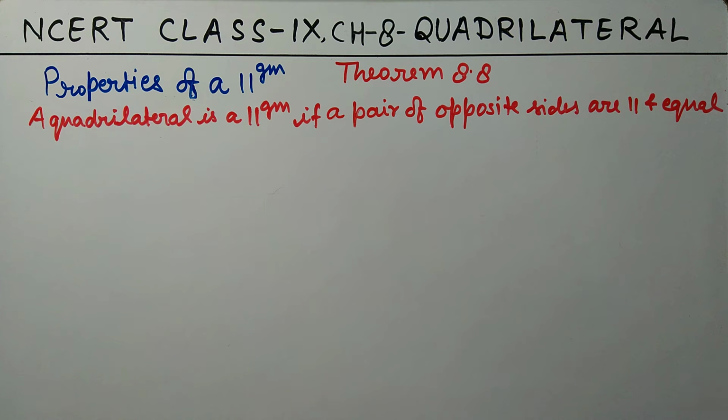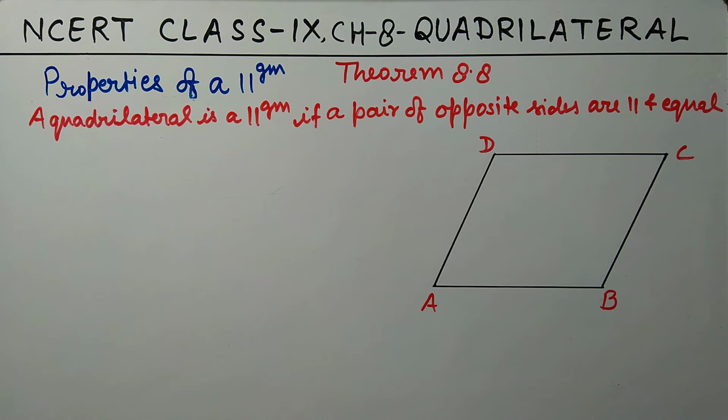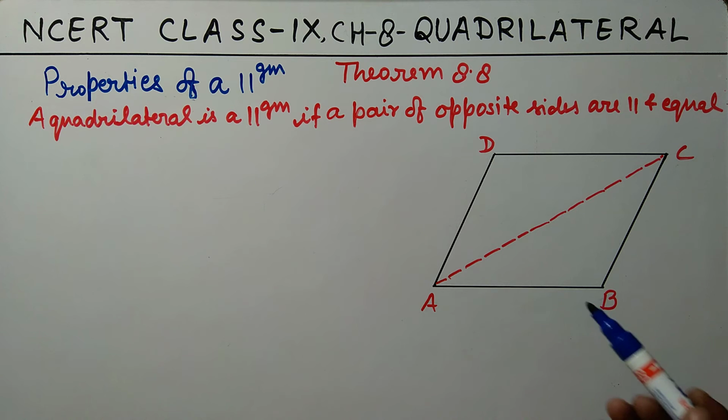So first of all, draw a quadrilateral ABCD and let us draw its diagonal AC. The diagonal AC is drawn, and this is the construction part, as we told in the earlier video. All the dotted lines are the construction part.